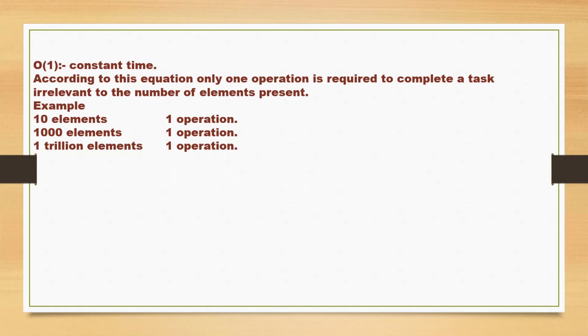If there are 1 trillion, 1 billion, whatever it is, if we execute the program in one operation, then it is called order of 1. Example of this would be accessing an element from an array. However long the array can be, accessing would be order of 1 always.